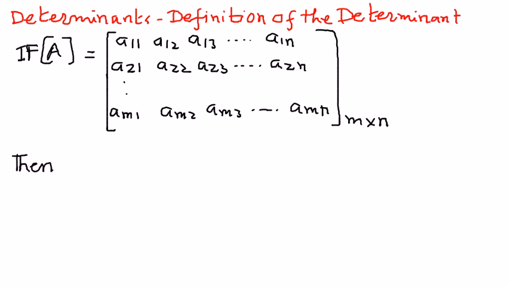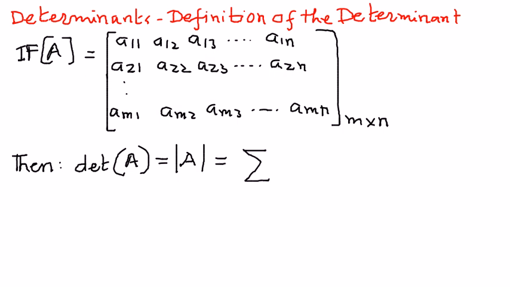The determinant, which is represented as det of A, or sometimes also written as A with two lines on the side, can be written out as a summation. This is the Greek letter sigma, summation.